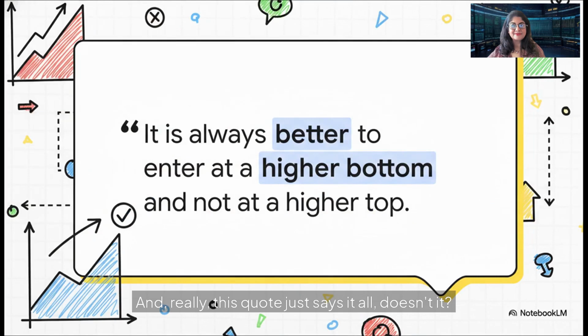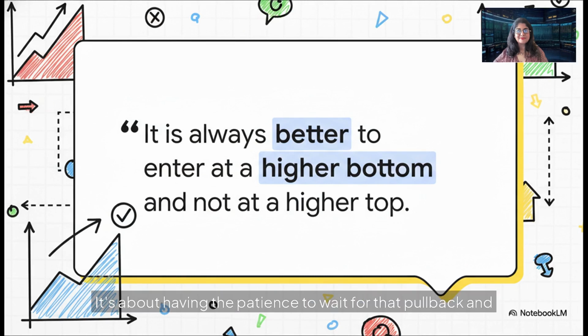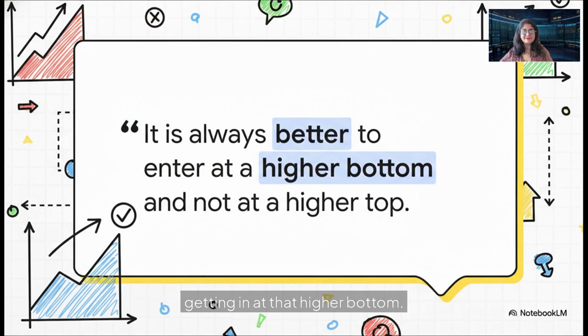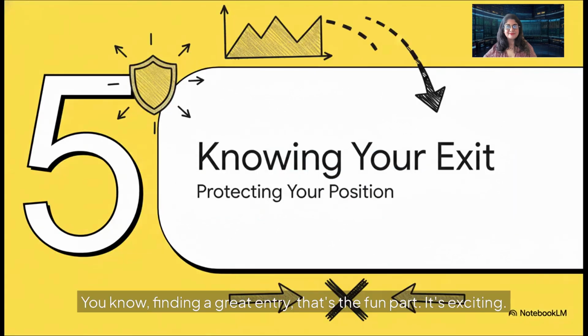And really, this quote just says it all, doesn't it? It's not about chasing the price when everyone else is excited at the top. It's about having patience to wait for that pullback and getting in at the higher bottom. It's such a simple shift, but it can completely change your results.